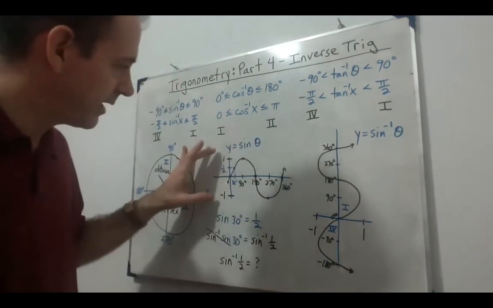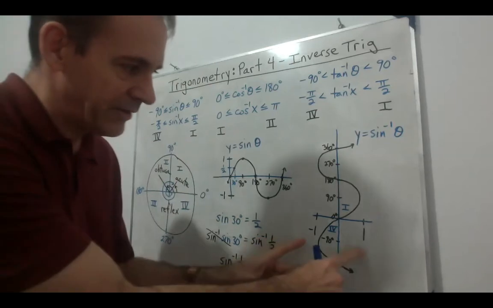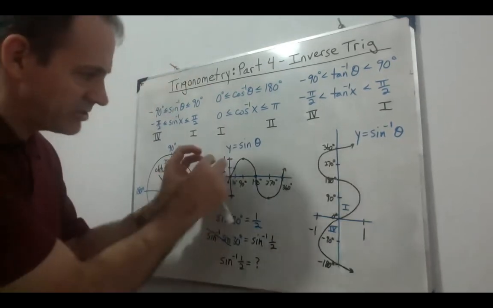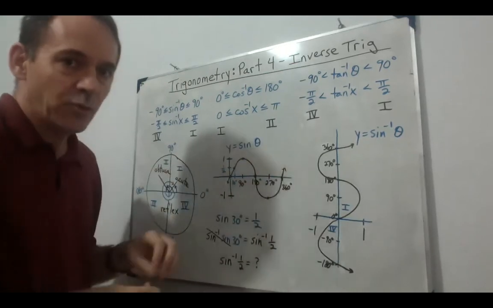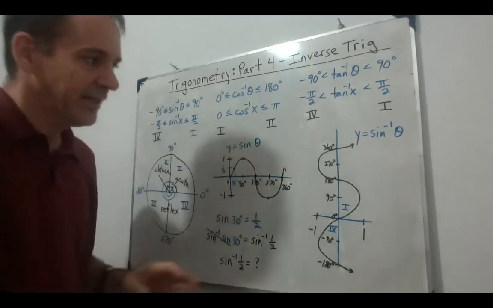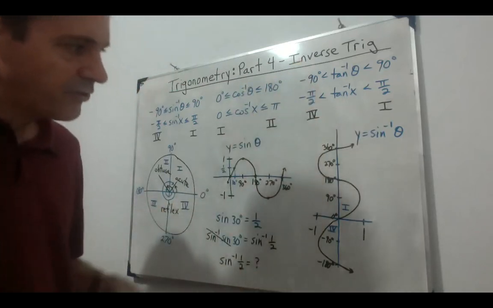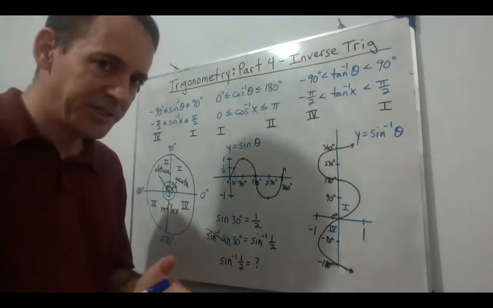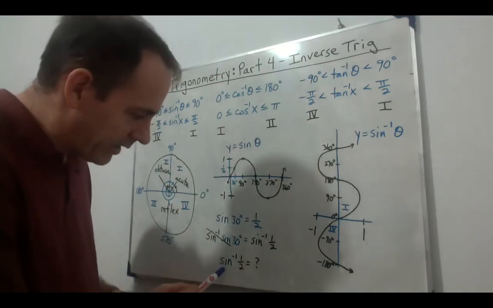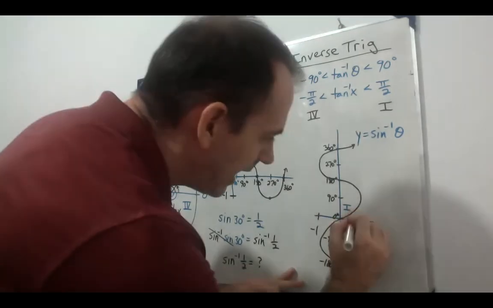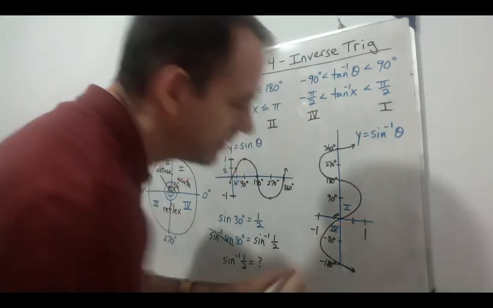Instead of being on the y-axis, it's now on the x-axis. So here's +1, here's -1. And our 0 to 360, which was on the x-axis, is now on the y-axis. It's going up. So if we ask this question again, what is the inverse sine of 1/2? Well, 1/2 is right here.